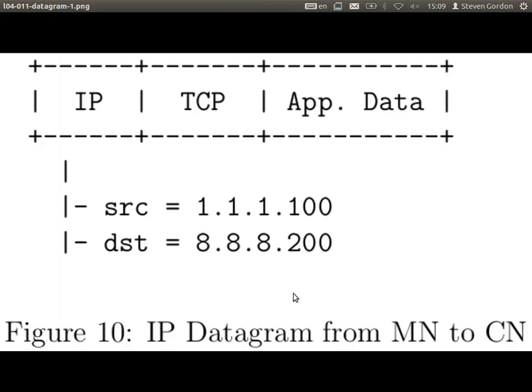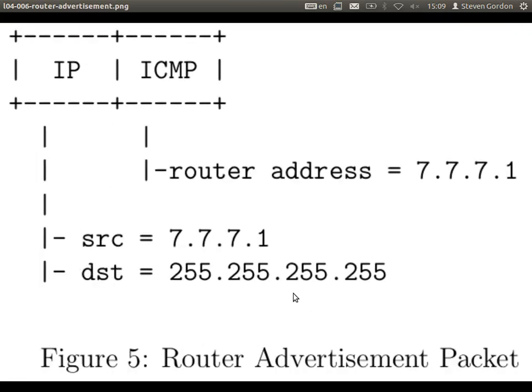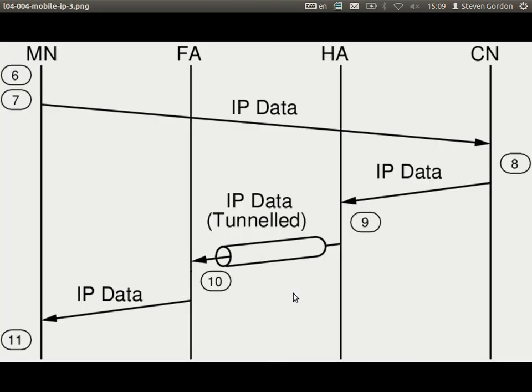One way we illustrate this concept of a tunnel is like this. This is looking at the data. First, we looked at the case when the mobile node sends to the correspondent node. There's nothing special in that case. It sends using normal internet routing.